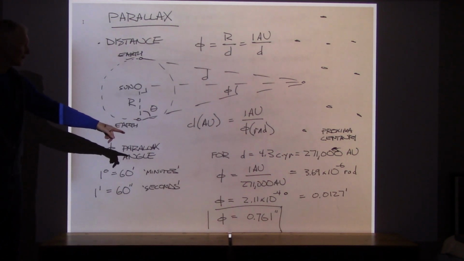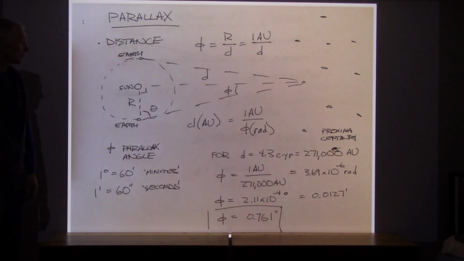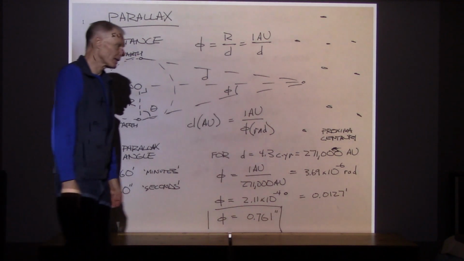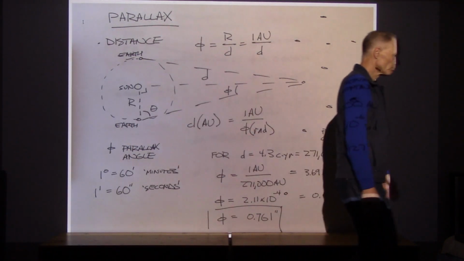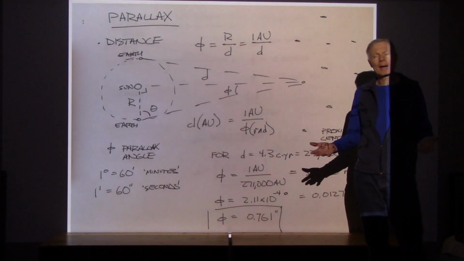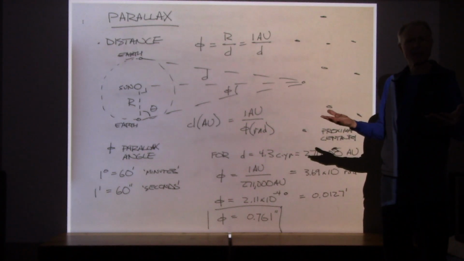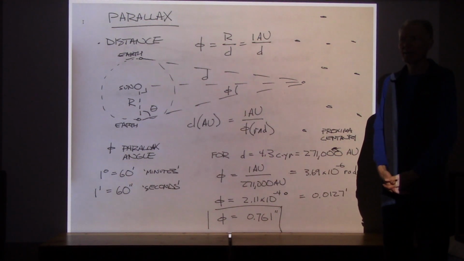So this is a really high level of precision, and I think it wasn't until sometime during the 1800s that the first parallax measurements were made reliably. So yeah, it's a tiny effect, but we have precision instruments. In fact, we've put satellites in orbit that can carry out the most precise parallax measurements.